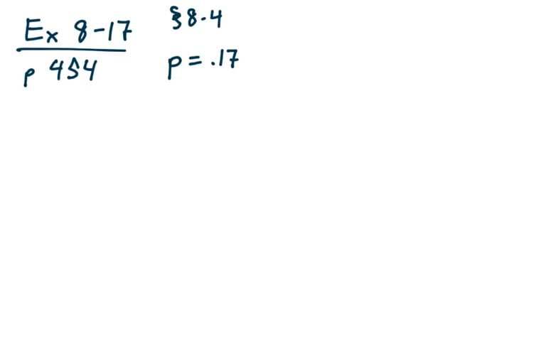So we're given P is equal to 0.17. That's what we're going to be using in H subscript 0. We're going to say P is equal to 0.17. We're also going to need to know what Q is. If P is 0.17, then 1 minus 0.17 comes out as 0.83. What else do we know here? We're going to be using a level of significance, alpha equals 0.05.